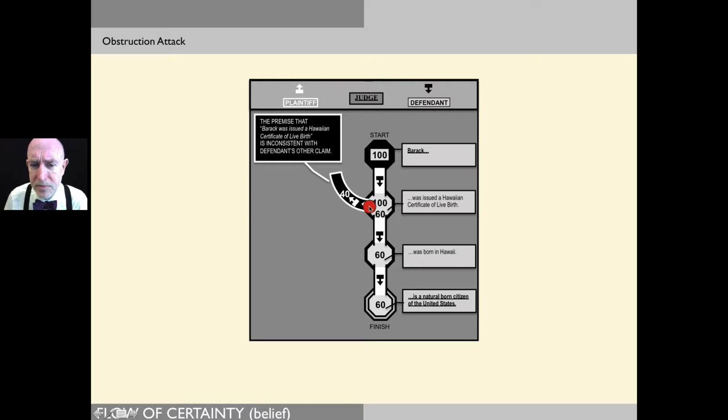But the plaintiff says the premise that Barack was issued a Hawaiian certificate of live birth is inconsistent with defendants' others' claims. So the plaintiff is saying no certainty should move beyond here because there's an inconsistency. So if that's true, that there's inconsistency, that might affect the judge's perception of the amount of total certainty that could be attached to this conclusion.